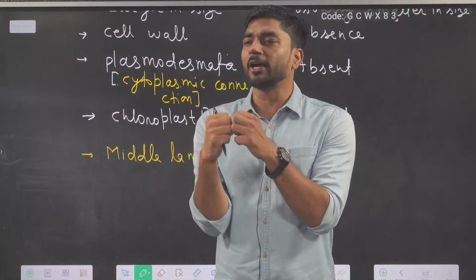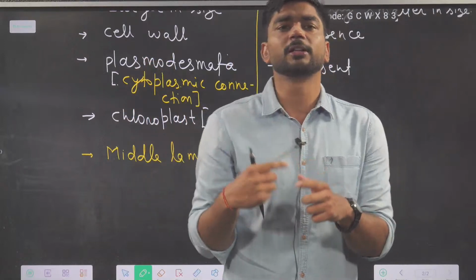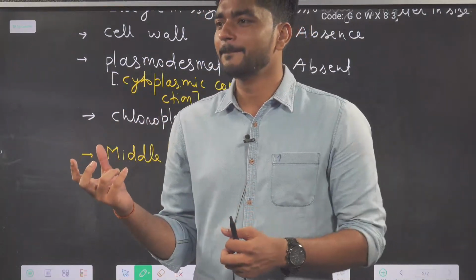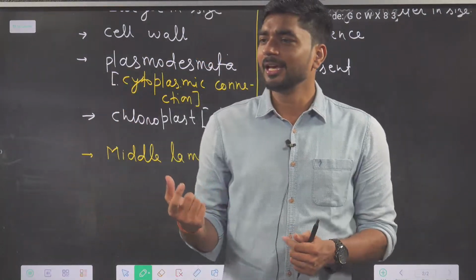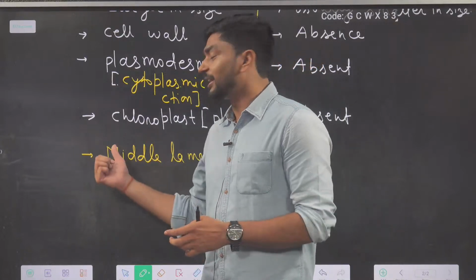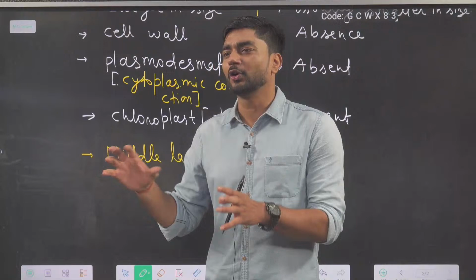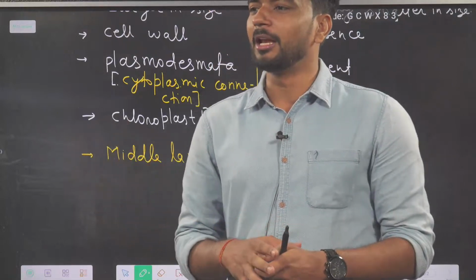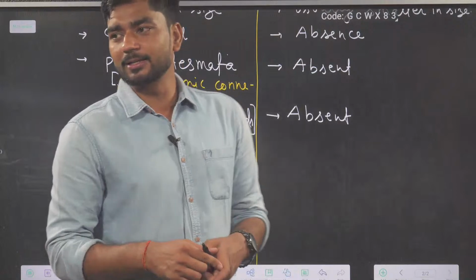Two bricks are joined together with the help of what? That is a cement. Like, have you heard about the Ambuja cement, Ultratech cement, ACC cement? So this is nothing but the middle lamella which holds two plant cells together.